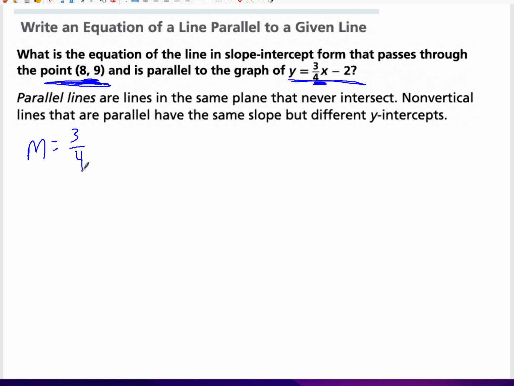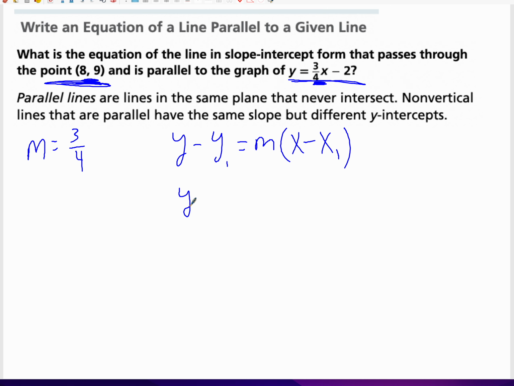What form of an equation do I know that can use the slope and a point? Point-slope form, right? So I've got an equation that is just y minus y1 equals m times x minus x1. All I got to do is plug numbers in.